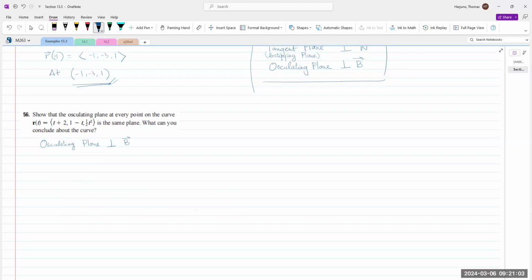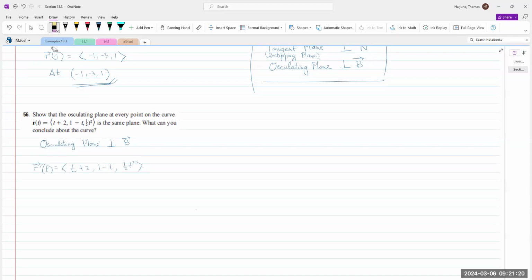Let's start with r prime t, which is (t plus 2, 1 minus t, and then 1/2 t squared). What am I doing? That's r(t), right?